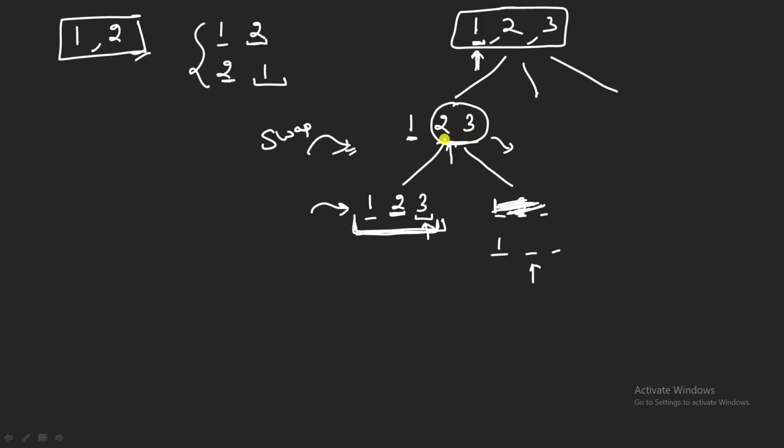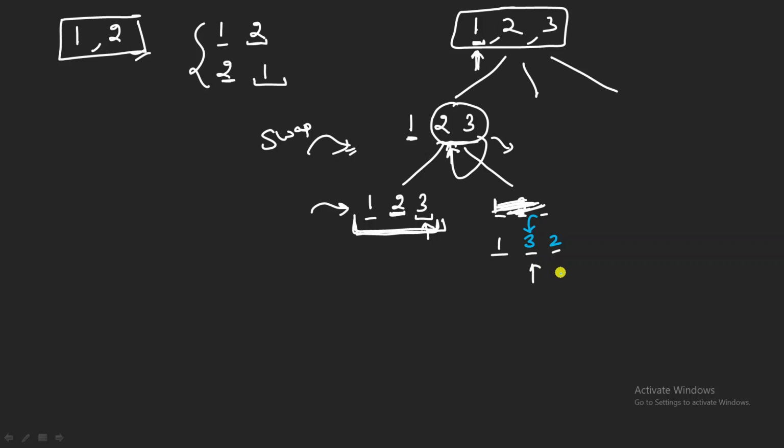How? See, 2 and 3 were there. First I fixed 2. Now I can fix 3. That means I will swap this 3 with this 2. If I swap 3 and 2, 3 will come here and 2 here. So 3 has come here, and now 3 is fixed.